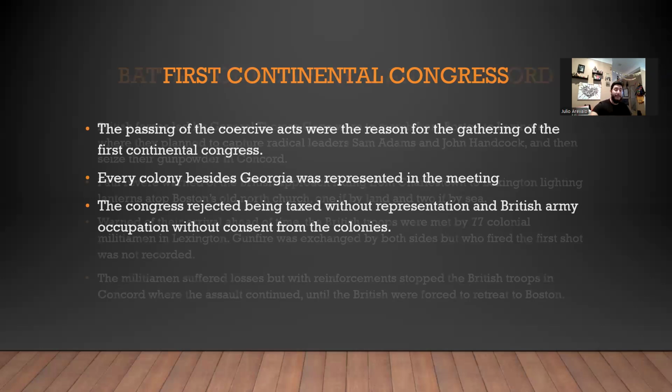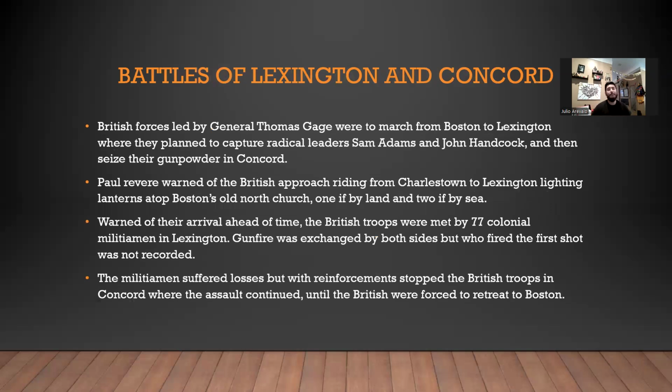So after this, the British had enough of this radical movement, and they sent forces led by General Thomas Gage. They were to march from Boston up to Lexington and capture Sam Adams, who was involved in the Boston Tea Party, and also John Hancock, some of the radical leaders.